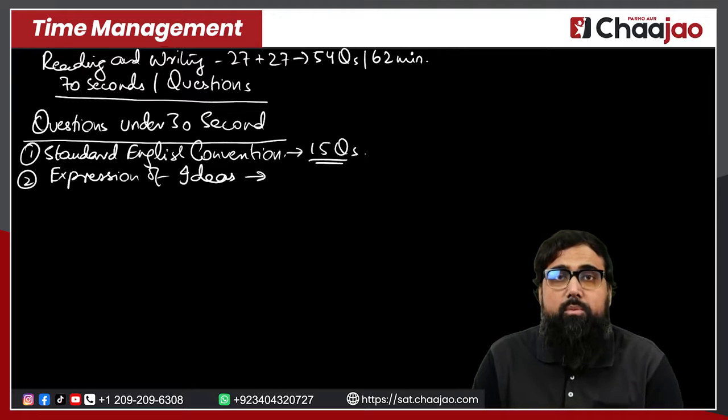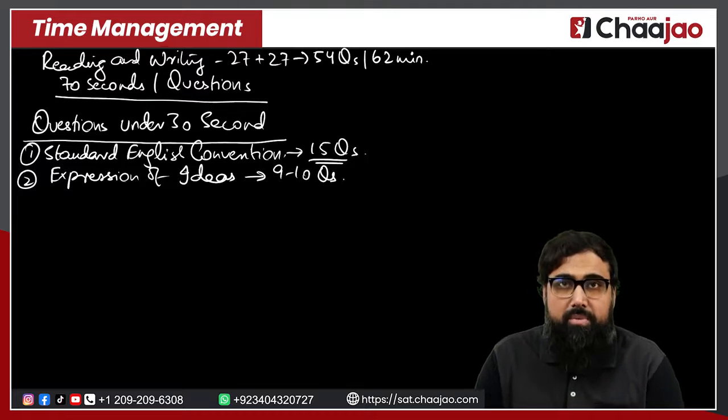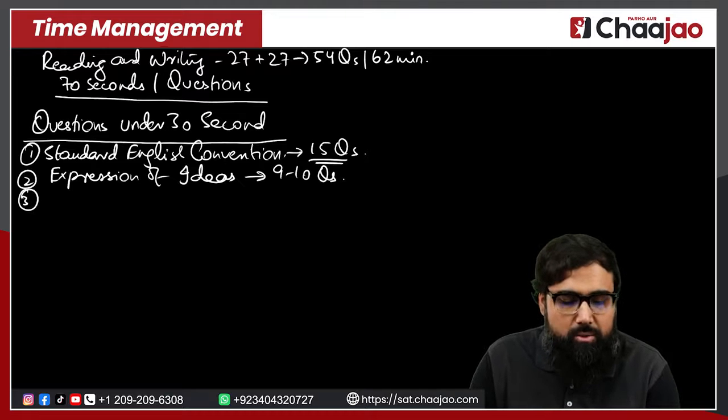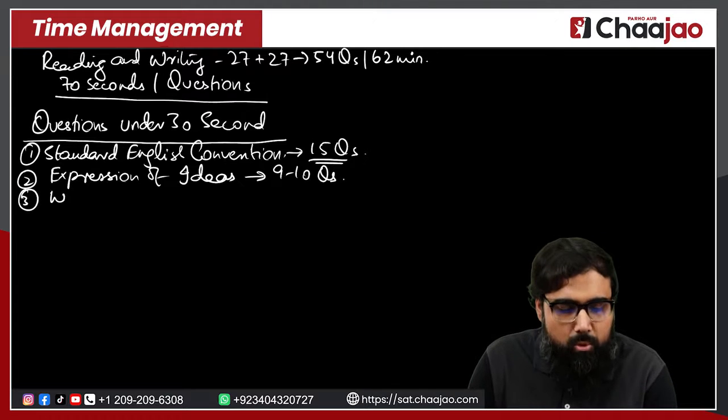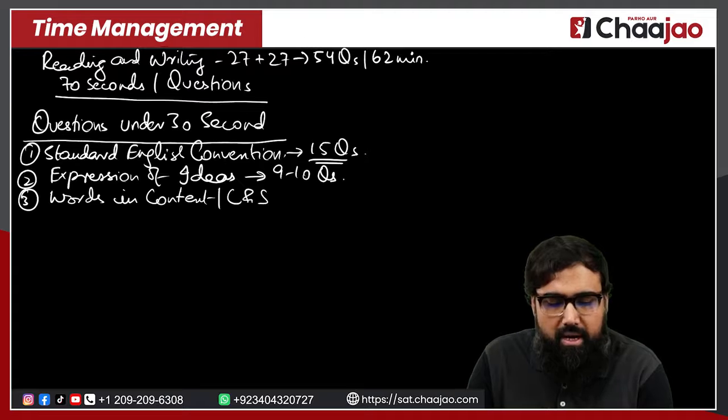Because this is 20% of the entire paper, you can expect around 9 to 10 questions from this section as well. The third is the words in context part, which is a part of craft and structure, and you can expect around 7 to 8 questions from this as well.